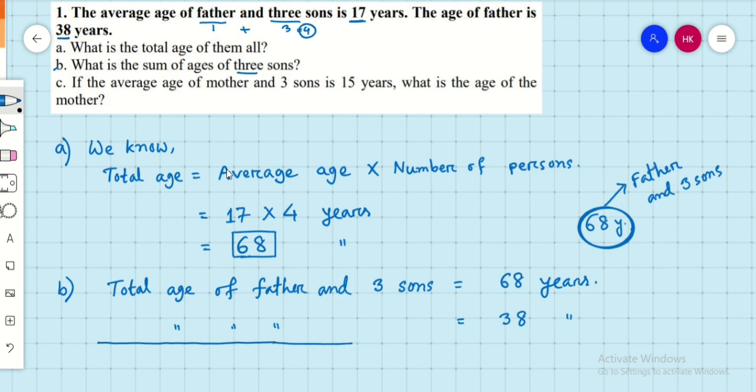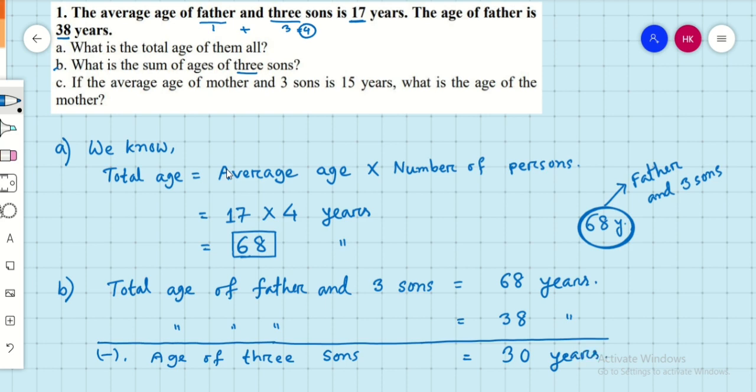Now if we subtract, we can write age of 3 sons is equal to, 8 minus 8 is 0, 6 minus 3 is 3, so 30 years.